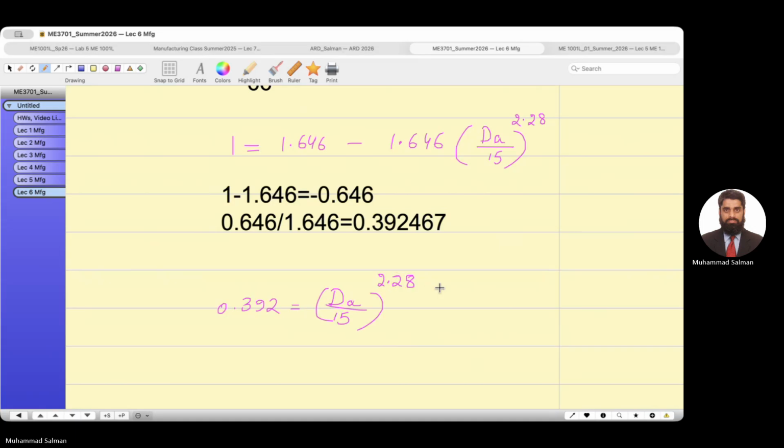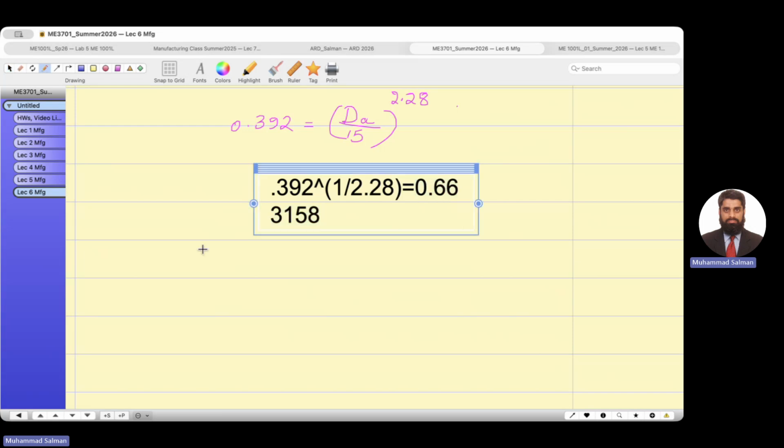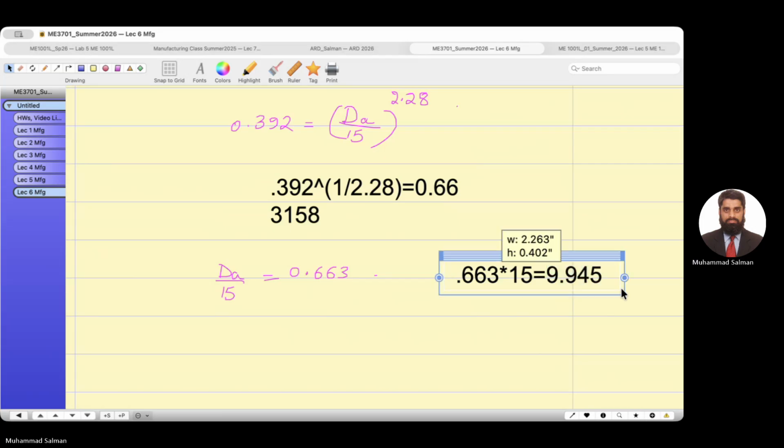Agreed? So what I'm going to do here is 0.392 raised to the power 1 over 2.28, which is 0.663. So dA over 15 is 0.663. Now let me do 0.663 times 15, about 10.